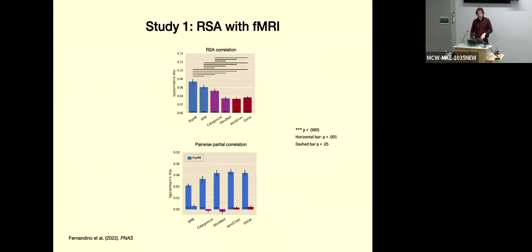So what this shows us is that in the top chart, the purple and the red models, even though they significantly correlate with the neural dissimilarity matrix, they only do so to the extent that they correlate with the experiential models. So that taxonomic and distributional organization appears to be secondary to experiential organization.